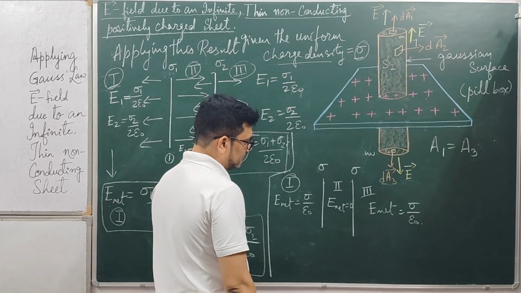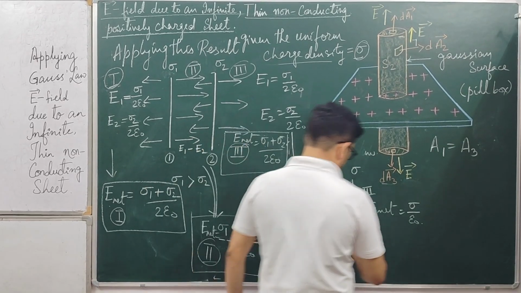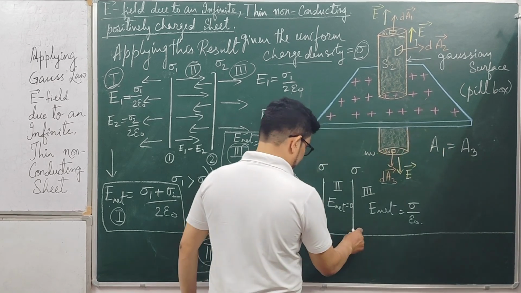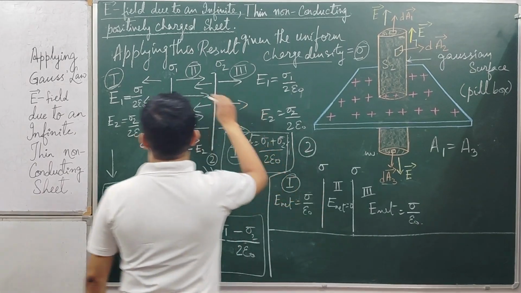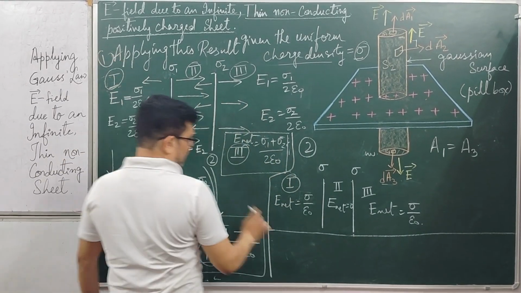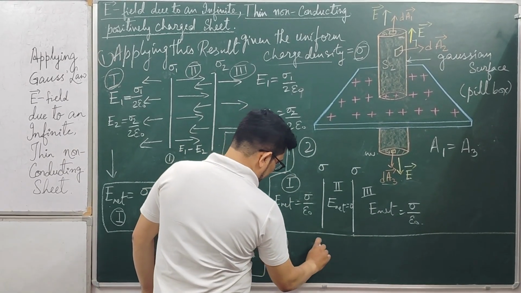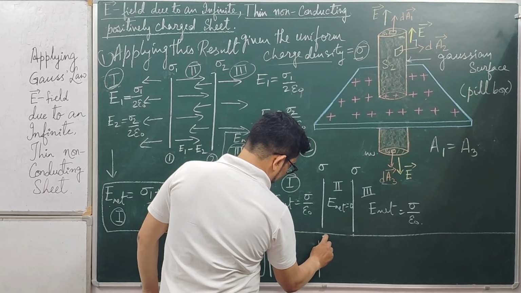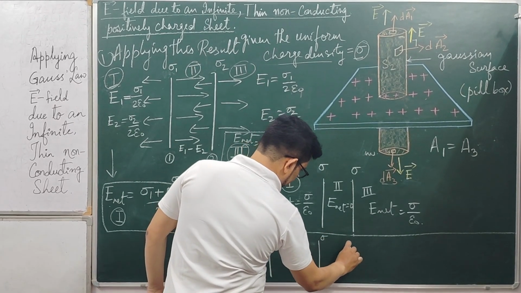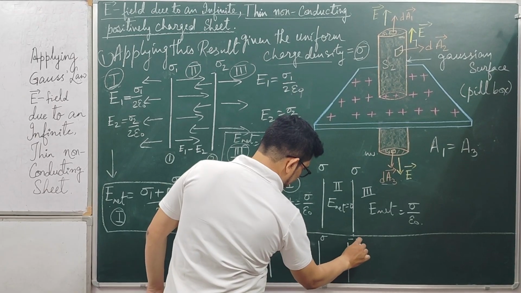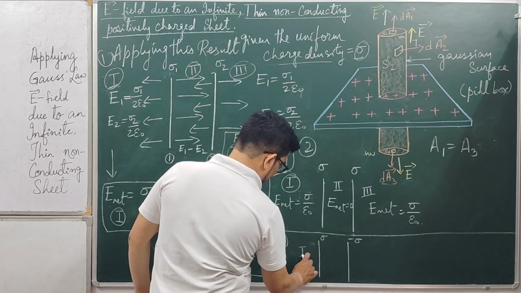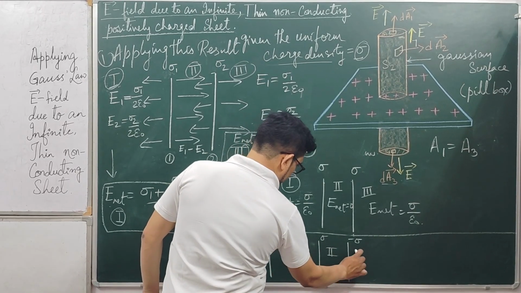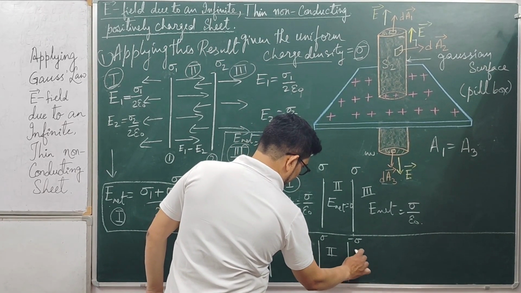Okay, what would happen if you have a situation? So let us demarcate this with this line. Now we have another. So this was case 2, this was case 1, and now we are discussing case 3. In case 3, suppose I take sigma here and I take opposite, negative sigma here. And now we are interested to find in all the 3 regions what would be the net electric field.